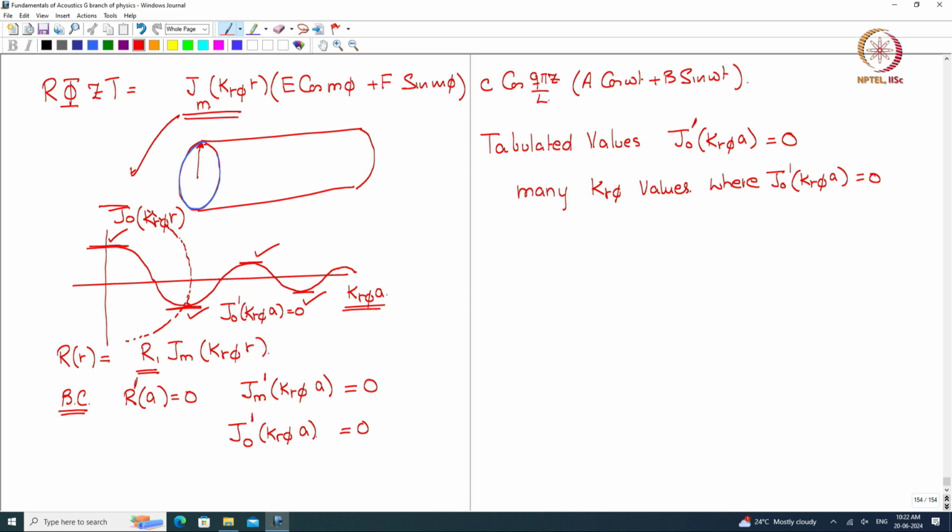Okay. And let the radius be incremented, or K r phi incremented, so that K r phi A is the next value. Then you have this situation.